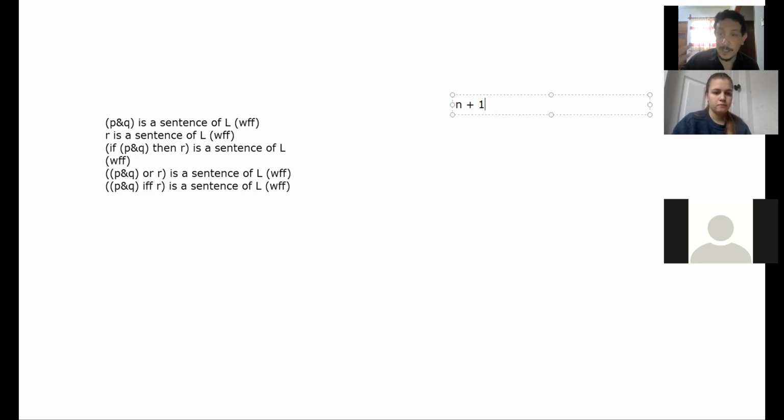Also the properties of the natural numbers, because the stuff that I'm talking about is related to the lecture of last Friday. It has to do with a very specific structure, the structure of the natural numbers, the ones that satisfy the Peano axioms. The sentences in the language L have exactly the structure of the natural numbers. We start out with a base case, just as the number series has a base case in arithmetic.